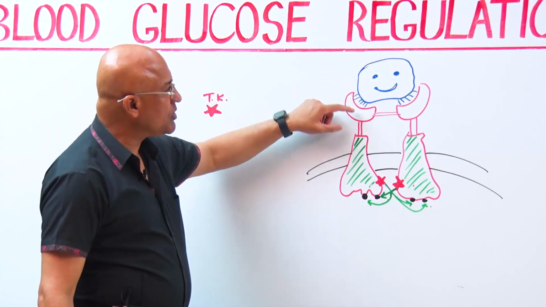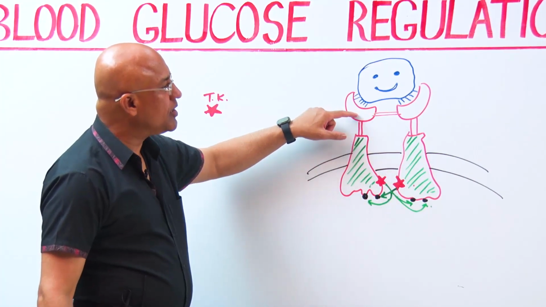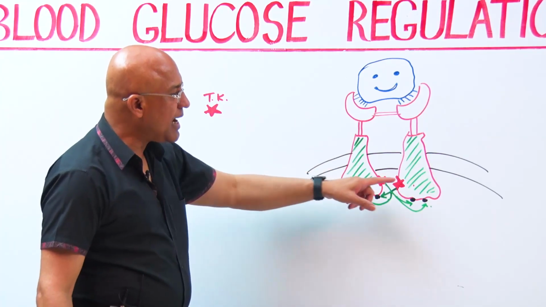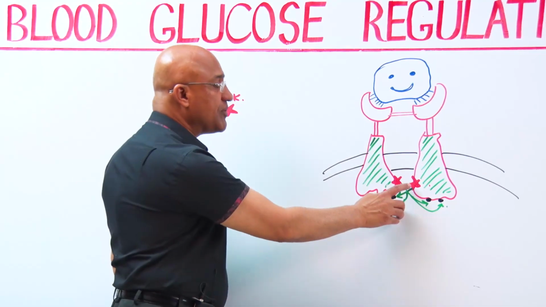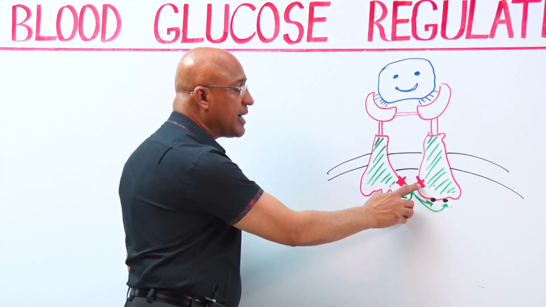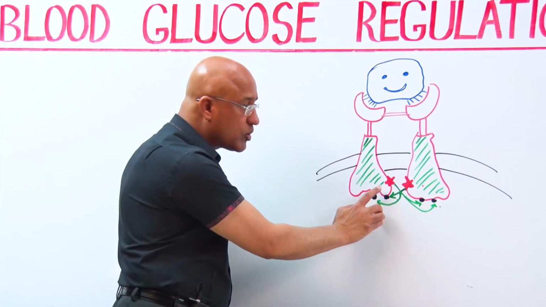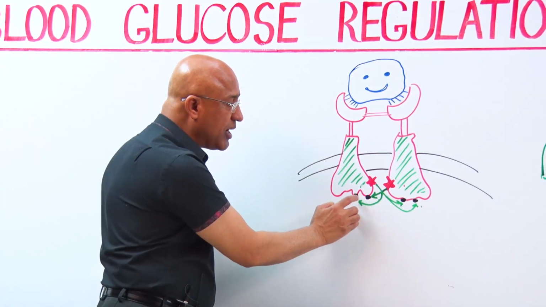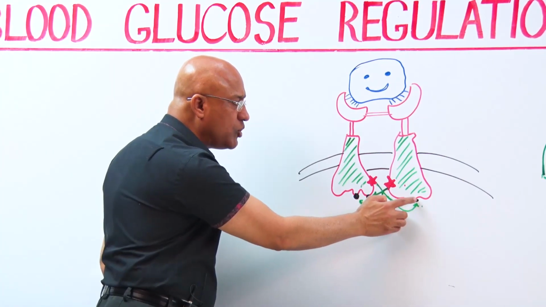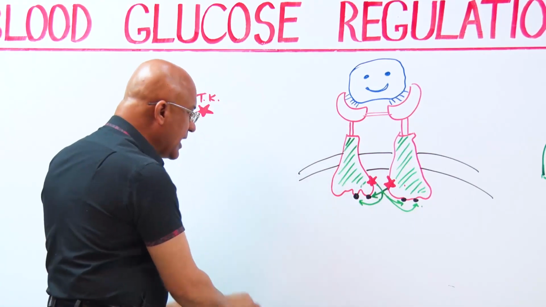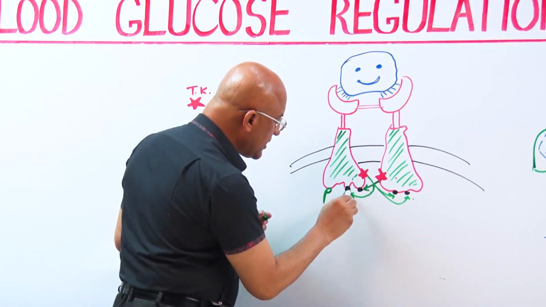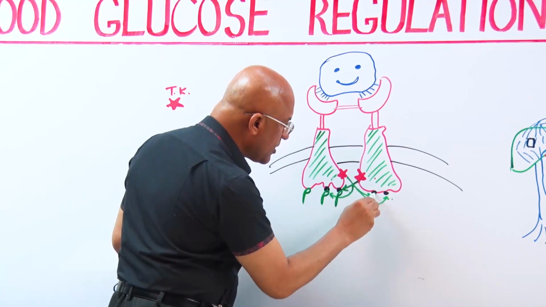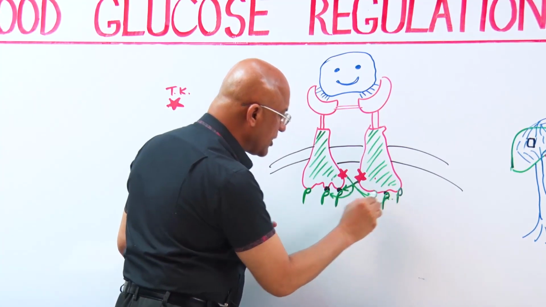When insulin binds with the alpha units, they lead to changes in the beta unit, and each beta unit's intrinsic tyrosine kinase is activated, and both beta units attack each other and lead to the phosphorylation of tyrosine residues of each other. Eventually, this is phosphorylation of beta units.